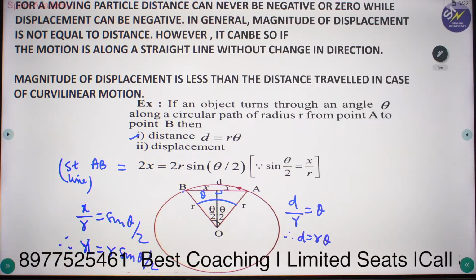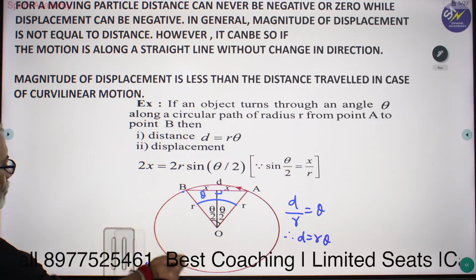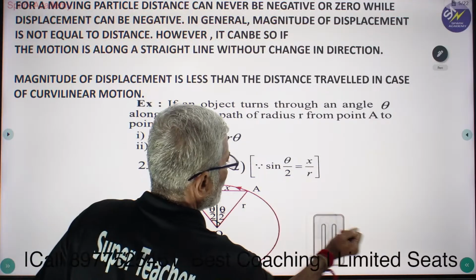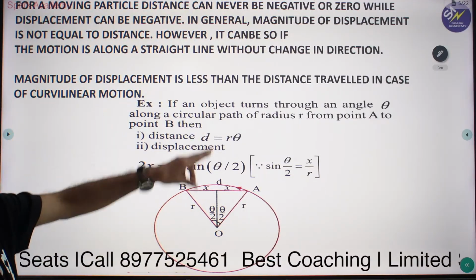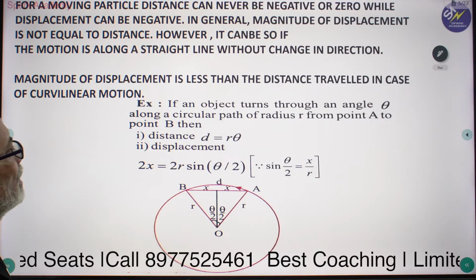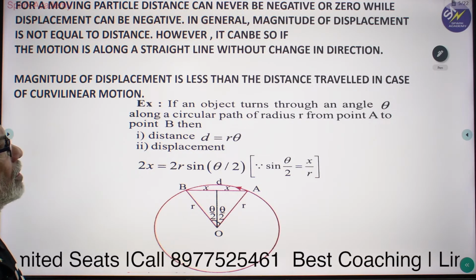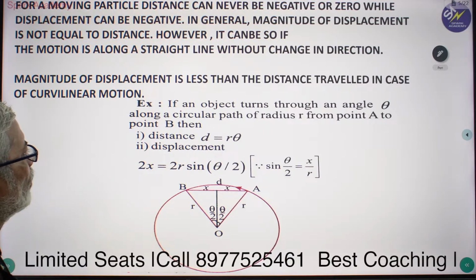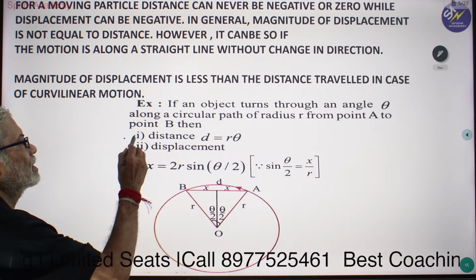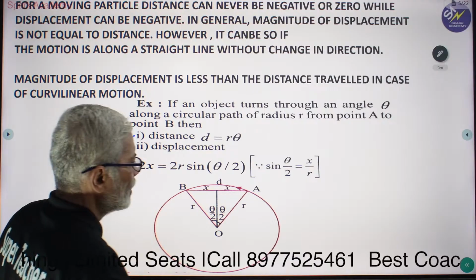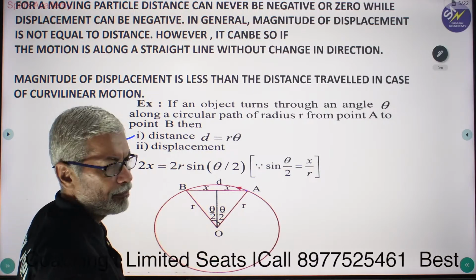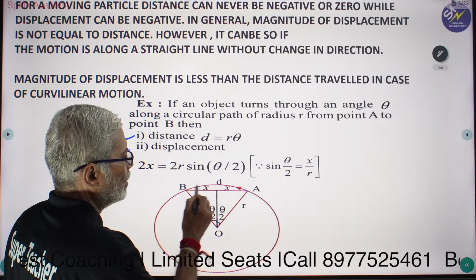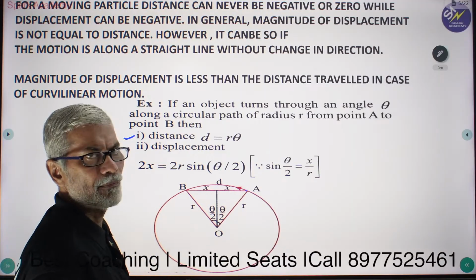So now this is another example. If an object turns through an angle theta along a circular path of radius r from point A to point B, then what is its distance? What is its displacement? See, the particle starts from A and reaches B. So this curved path will be your distance.